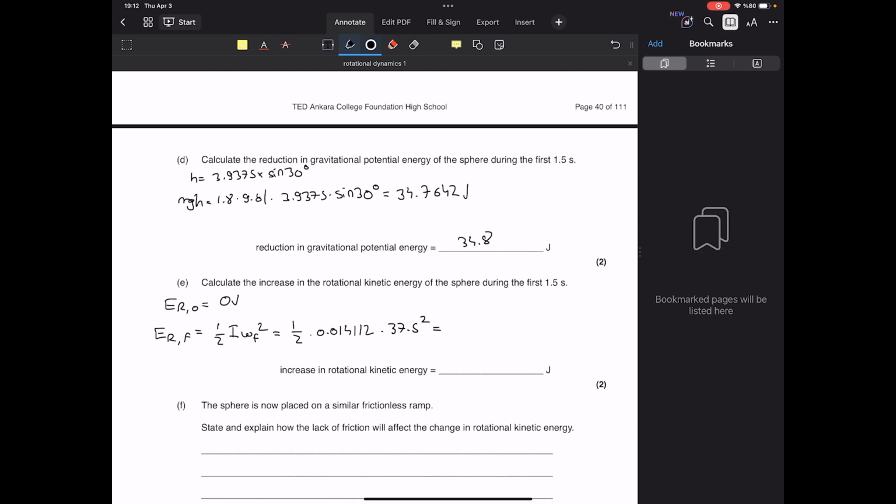That will be 9.9225 joules. I'm just going to write the 3SF as 9.92.